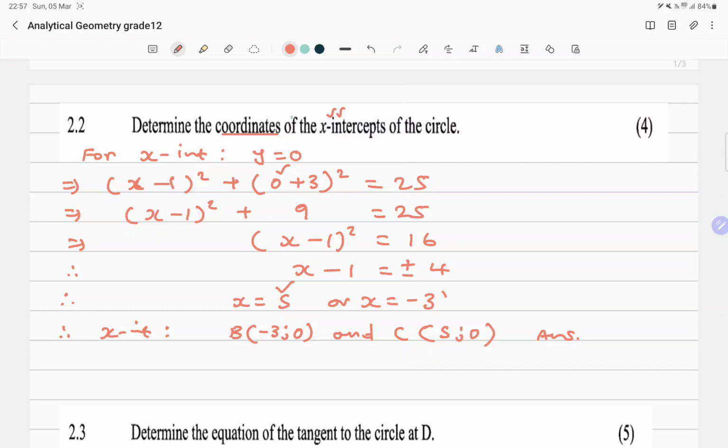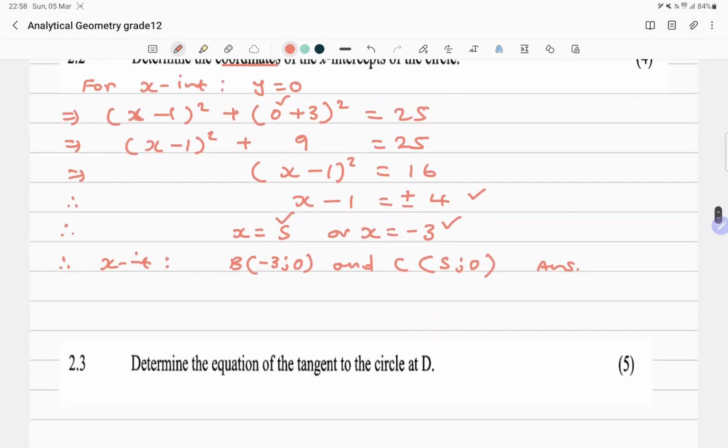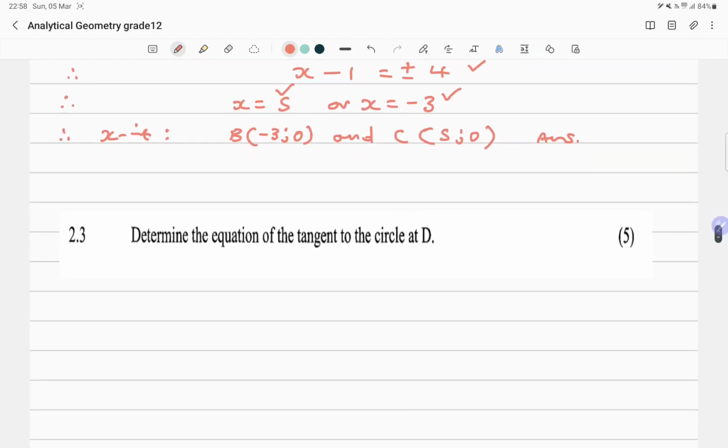Let's say getting these values is important, so 3 marks. And then the 4th mark is essentially the gymnastics performed at this stage, taking the square roots on both sides and solving accordingly. Otherwise, writing them down, we've already sorted them because we said x is 5 or minus 3, and we've already said y is 0. So this is just writing it for formality's sake.